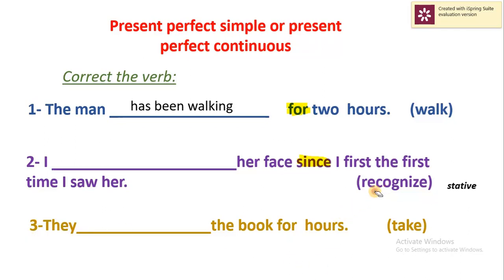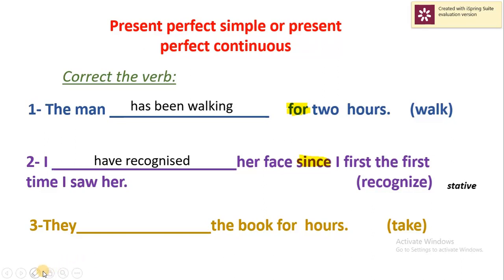Because of that, the answer for this one is going to be in the present perfect simple. Okay, and the answer is going to be I, yes, have recognized, because recognize never takes an ing. I can't say that it is recognizing. Why? Because it is a stative verb.